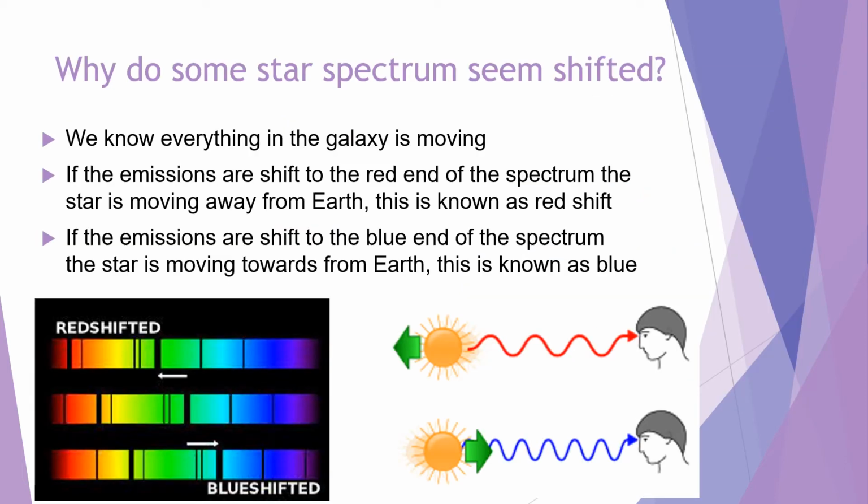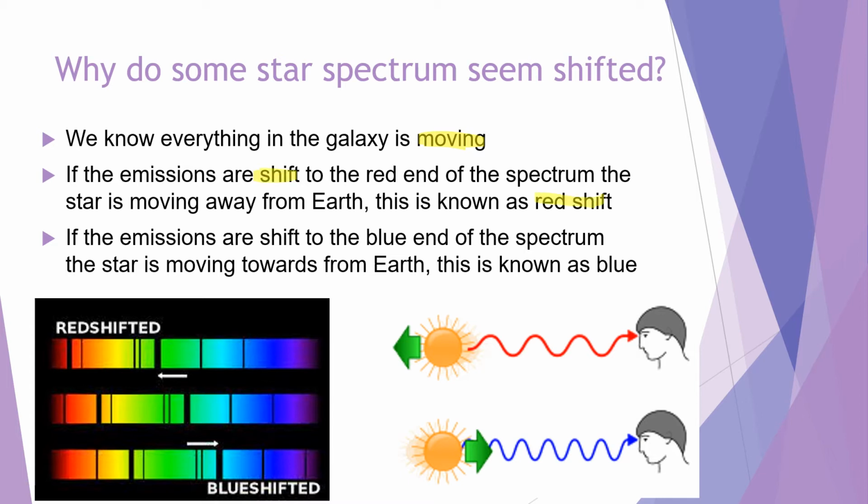Okay, so why do some star spectrums seem shifted? We know everything in the galaxy is moving. If the emissions are shifted to the red end of the spectrum, the star is moving away from the Earth. This is known as redshift. Okay, so when the emissions are shifted towards the left, towards the red side of the spectrum, that tells you that that star is actually moving away from the Earth.